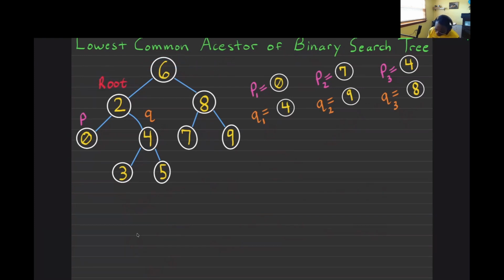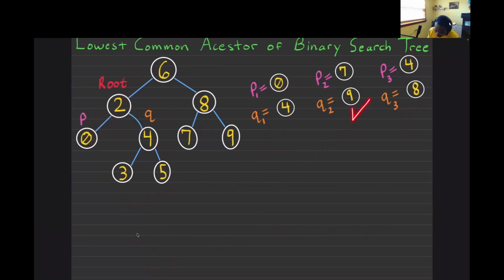Okay, so is root dot value greater than p dot value and q dot value? No, it's not, right? It's greater than this value, but it's not greater than this value. All right? And because that's our situation, we automatically return the root. Okay? Because look, that's the common ancestor to the P and Q node.